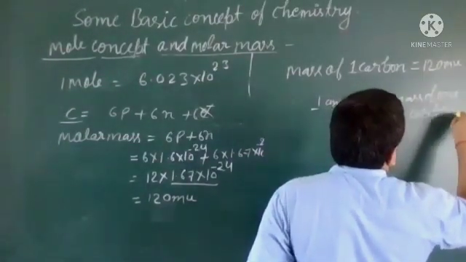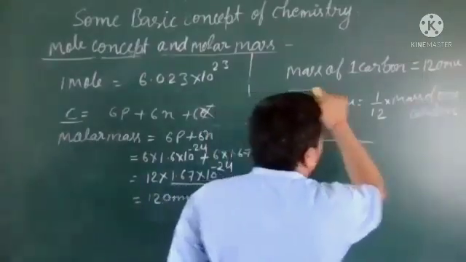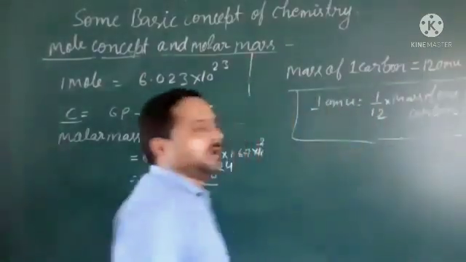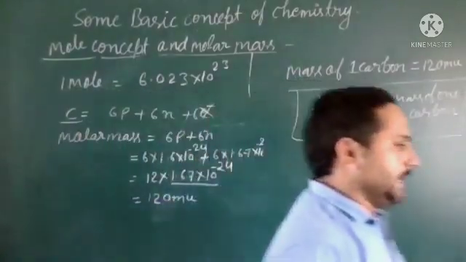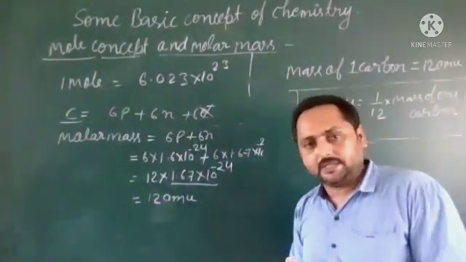This we have already defined. The value of 1 mole equals 6.023 × 10^23. 1 AMU equals 1.67 × 10^-24.